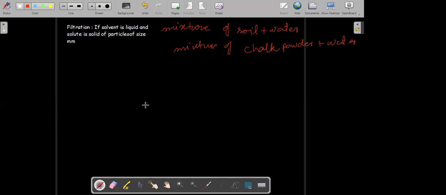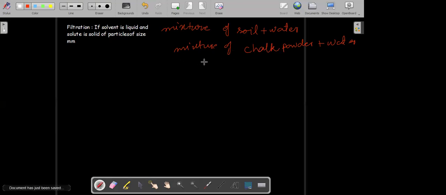If you have a particle of size 0.2 mm, yes, that can be separated. If you have 0.02 mm, that cannot be separated. So it's about 1/10 of a millimeter that can be separated. Got it?